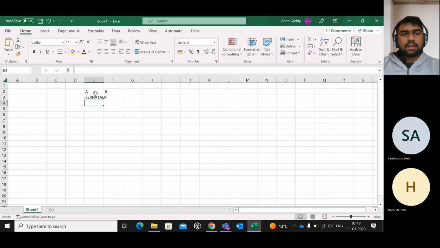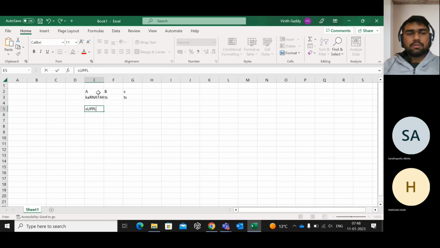He belongs to Karnataka and he belongs to Telangana. And person C is there, he belongs to Telangana. Now, A is supplying to B. A is supplying to B means here the supply involves movement of goods from one state to another, right?